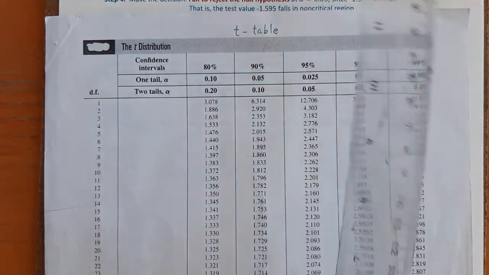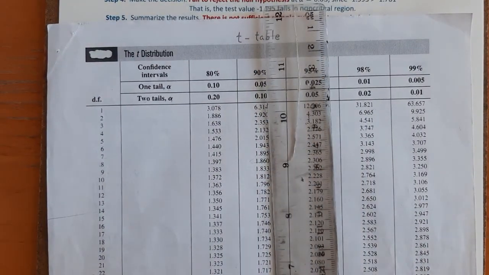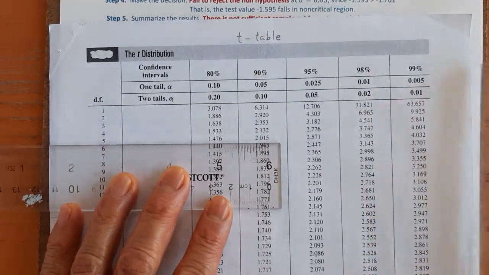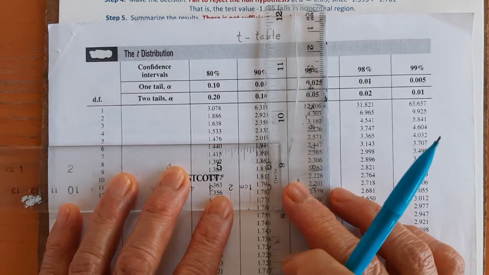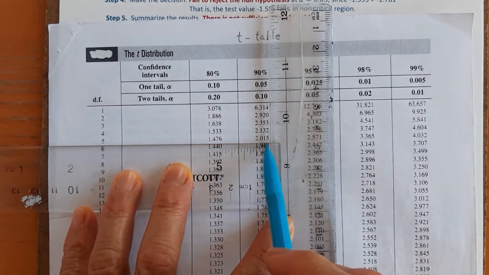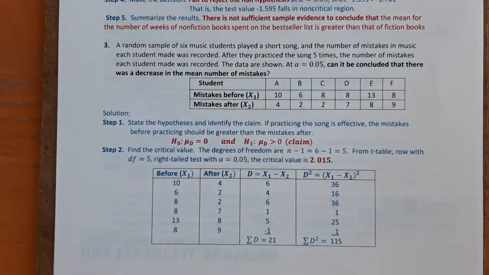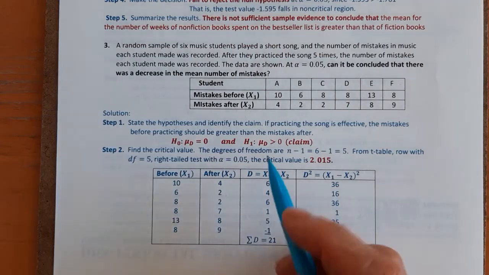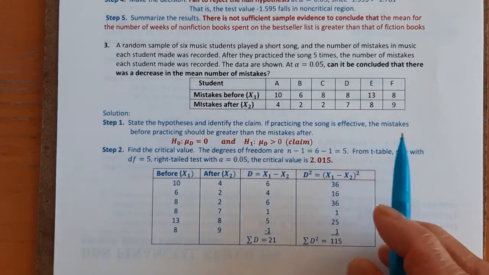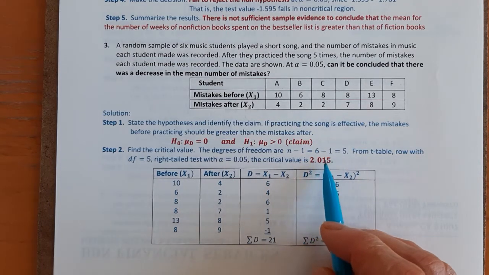Go down to degrees of freedom 5 and one tail, alpha 0.05, and you get 2.015. Since this is greater than 0, it's a positive critical value, pointing to the right tail. So the critical value is positive 2.015.